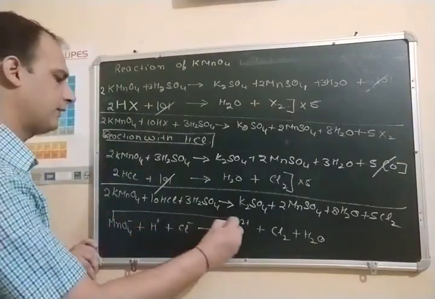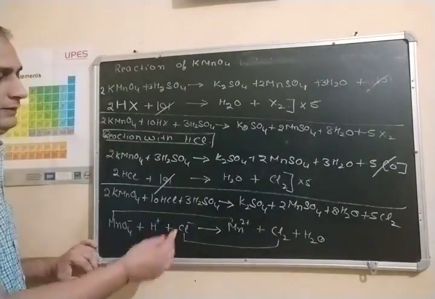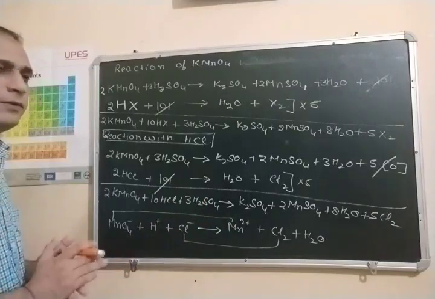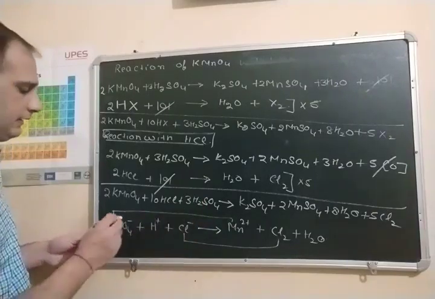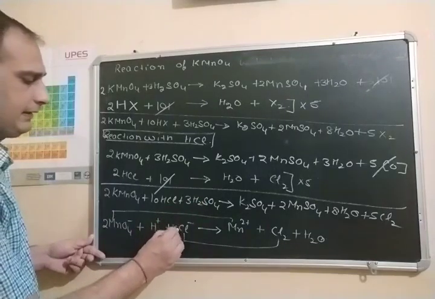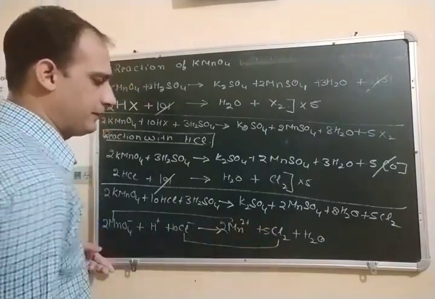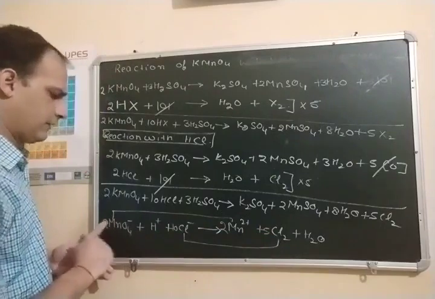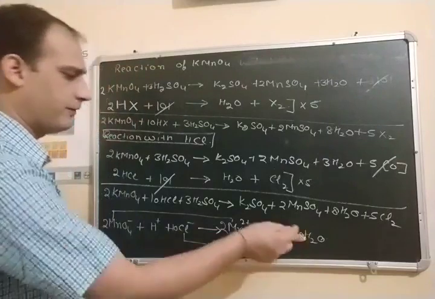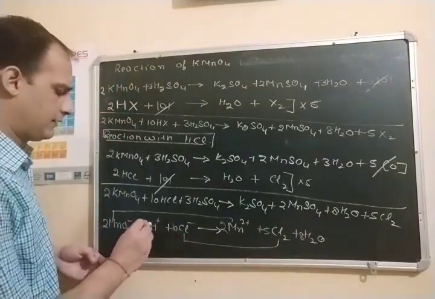Manganese is undergoing reduction, chlorine is undergoing oxidation, and one Cl negative is losing 1 electron, and we have a requirement of 10 electrons. 2 MnO4 negative plus 10 Cl negative give rise to 2 Mn2 positive plus 5 Cl2, and 8 water molecules will be formed, and for the formation of 8 water molecules, how many H positive are required? 16 H positive.